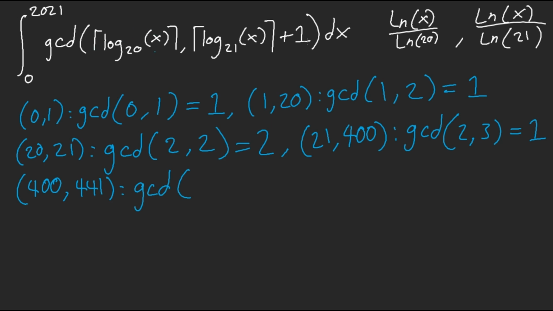Ceiling function it, rounding it up, I get 3. All right. 441, I didn't surpass 441, so I'm still at, let's see, 1 point something, right? With ceiling, that's 2, plus 1, that's 3. So we get GCD of 3, 3, which equals to 3, okay?